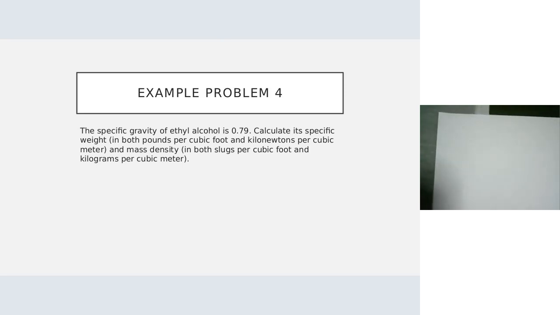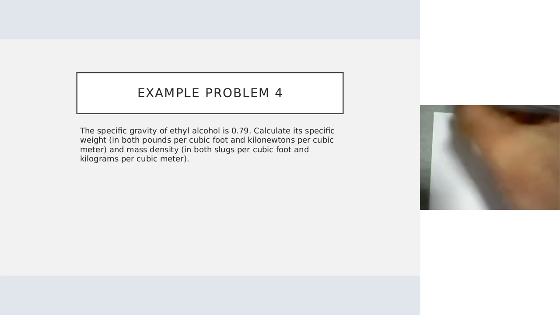So we have example problem 4. To begin, let us first read the problem. The specific gravity of ethyl alcohol is 0.79. Calculate its specific weight in both pounds per cubic foot and kilonewtons per cubic meter, and mass density in both slugs per cubic foot and kilograms per cubic meter.